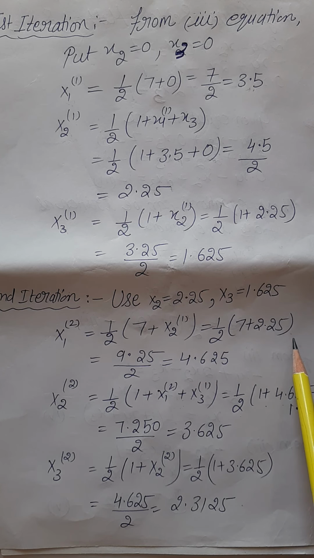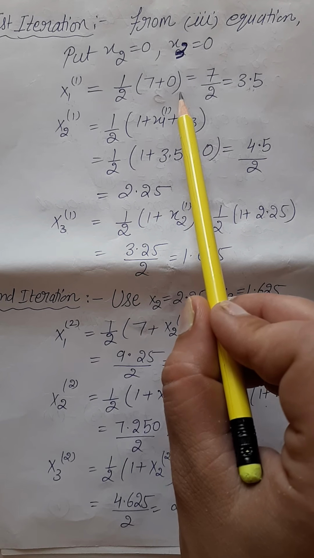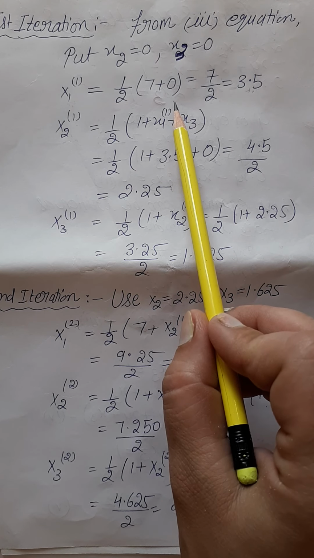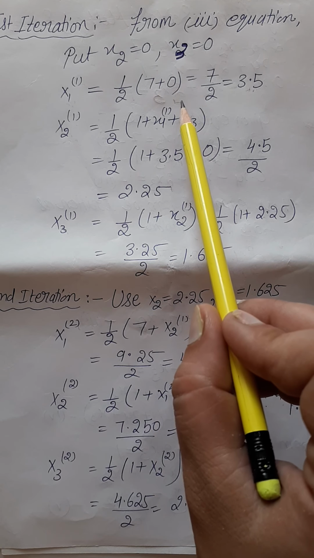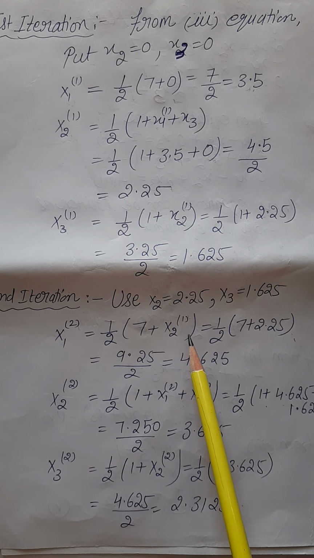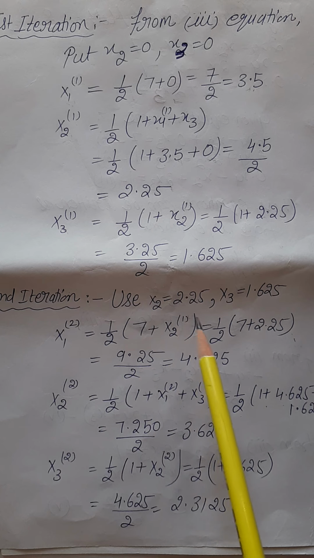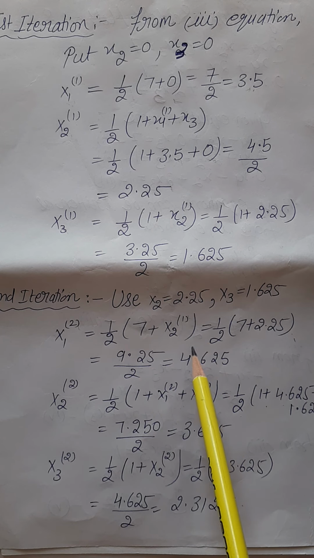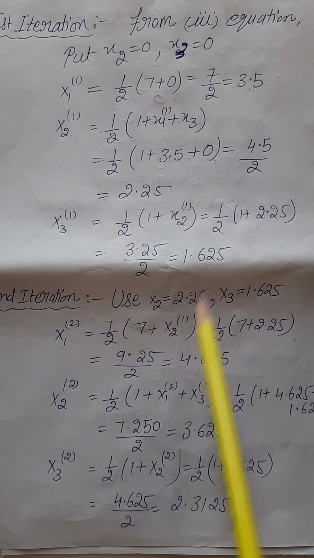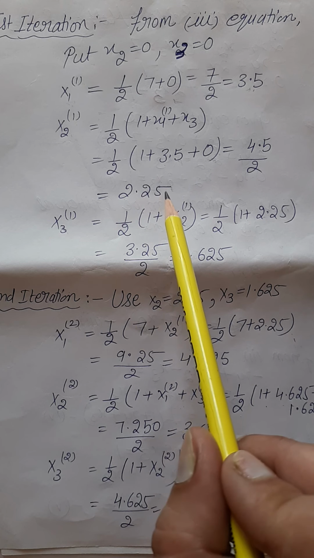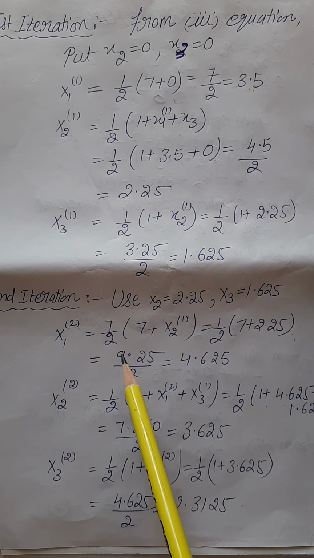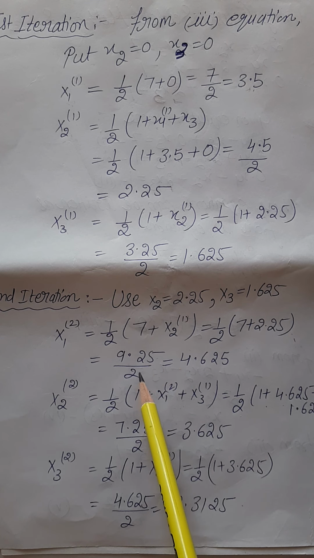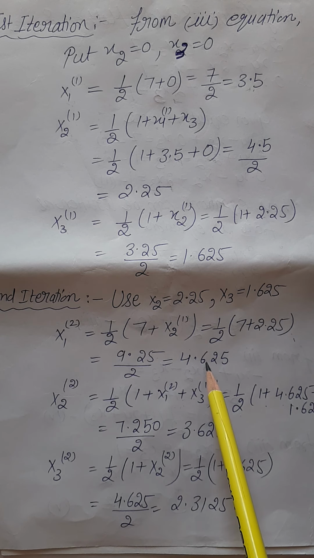Did you note it? In the first iteration, we put the value of x2 equal to 0, the initial value. But now, to derive our second iteration, we put our previous value 2.25 in our next step. Then we get 9.25 upon 2 and so on.